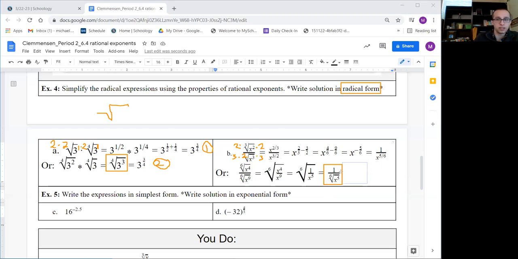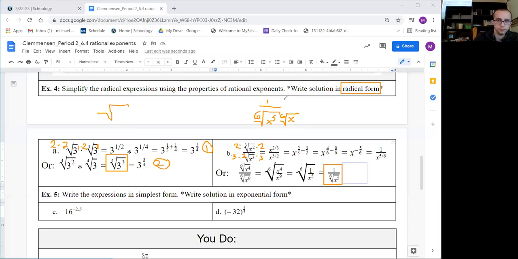So I have to simplify this a little bit and make this into the same thing. I'm going to rewrite this as 1 over the 6th root of x to the 5th. I'm going to multiply top and bottom by whatever it needs to be matching. So I need another x right here to make this 5 plus 1 make a 6.